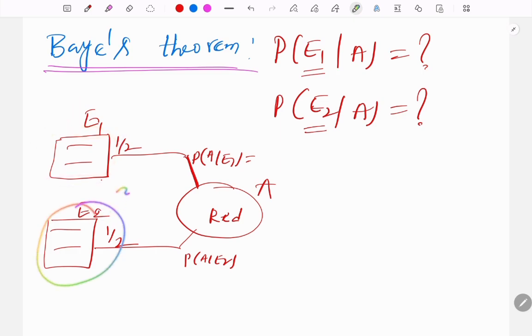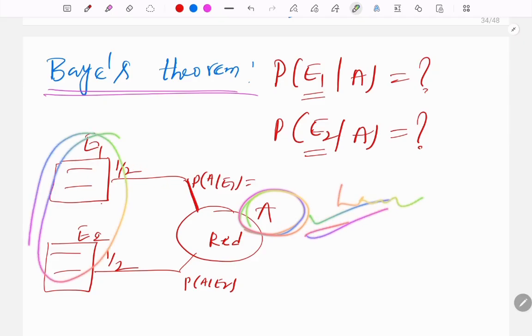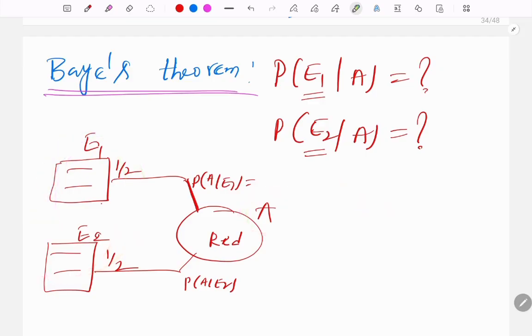Suppose if they ask E2 given A, it means this one's probability. In the previous case, what did we find? P of A we found, right? It means if they ask the right hand side in our diagram, the question is related to the law of total probability. If they ask the left side, then the problem is related to Bayes' theorem. Simple observation. Clear? Now we will solve by using this information.